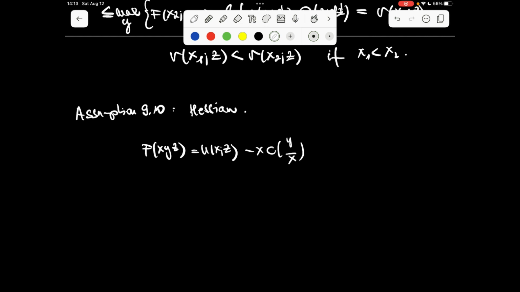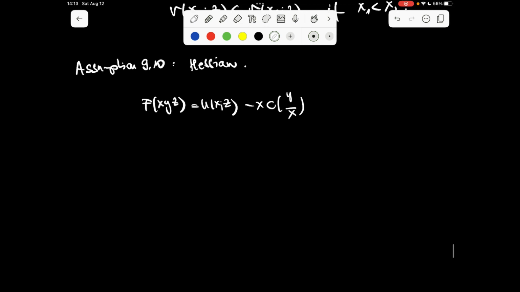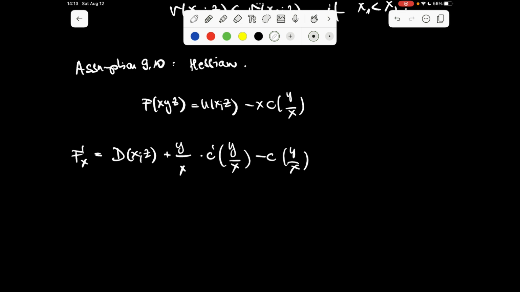We are going to use the Hessian to show that this function is strictly concave. Let me show you the solutions to the steps in which we are filling the Hessian with the partial derivatives of the function.